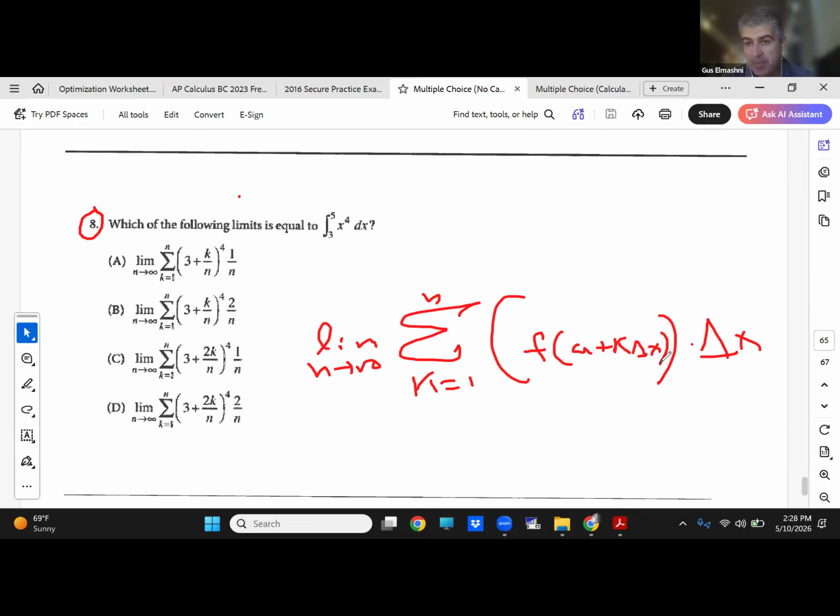That's why I see a 3 plus, by the way, for all the choices, because you're starting at 3, obviously. And you can type in the chat when you feel like you got it.